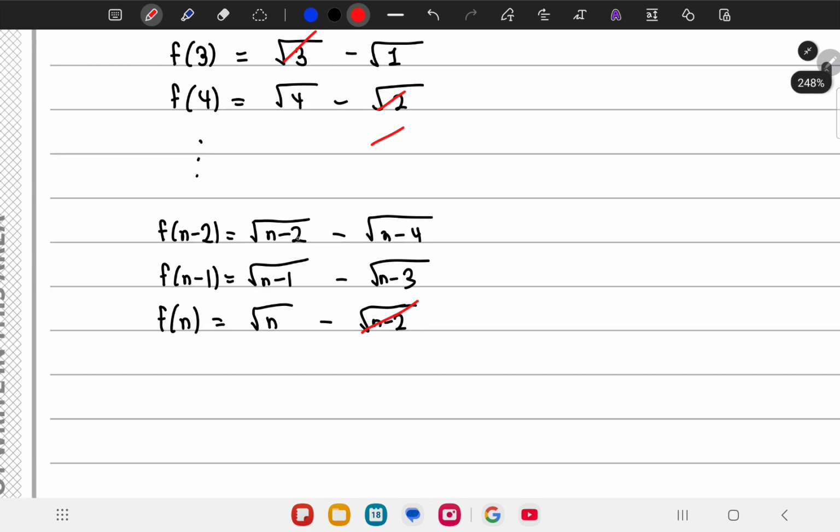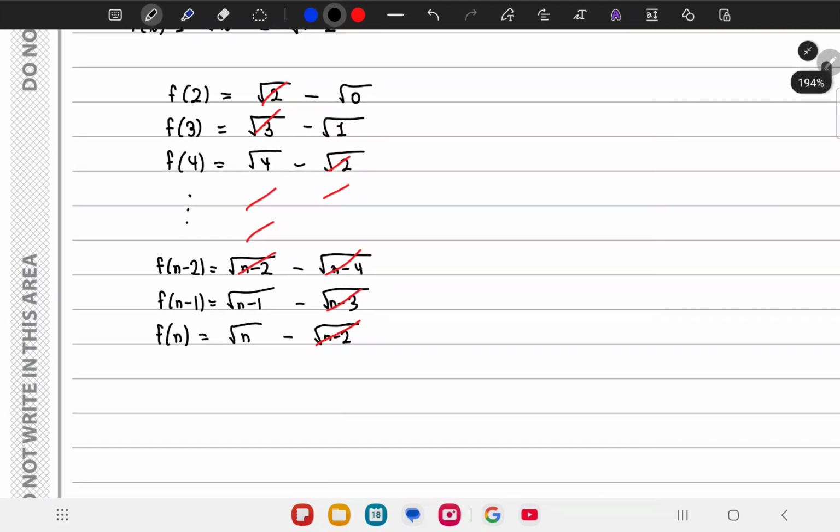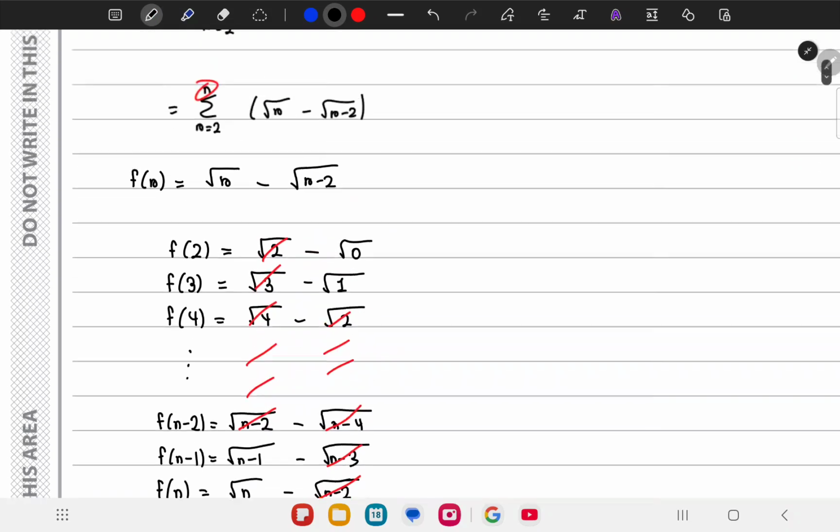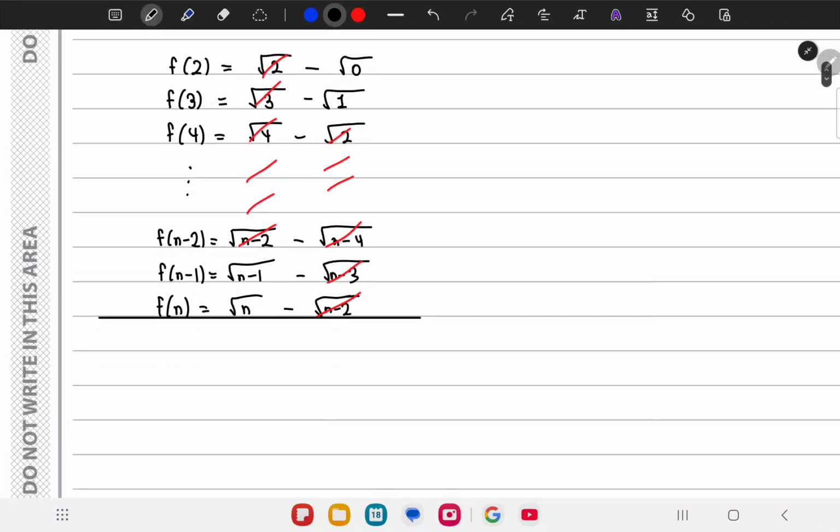And if you notice, this and this cancels out, this and this will cancel out, this and this will cancel out. What we are left with is this, root 4 will also cancel out as well. So if we add all the f's, we get this summation over here.